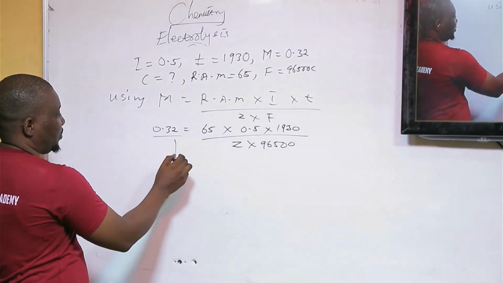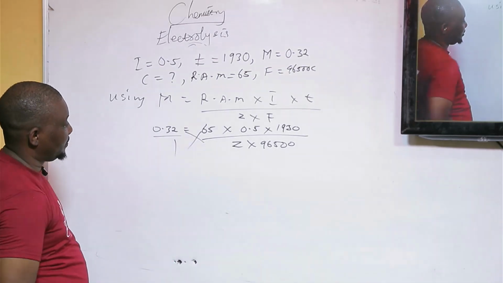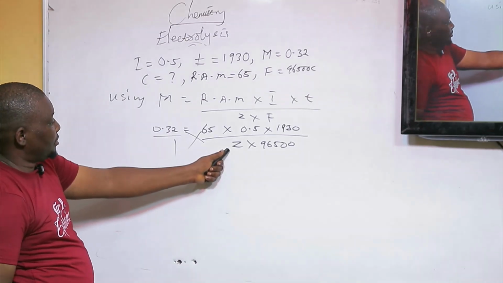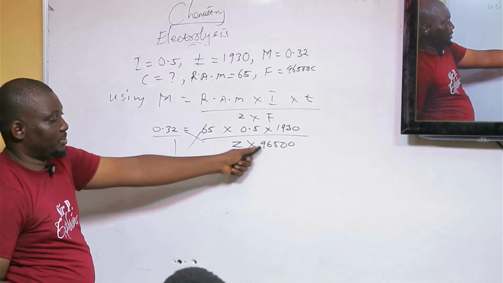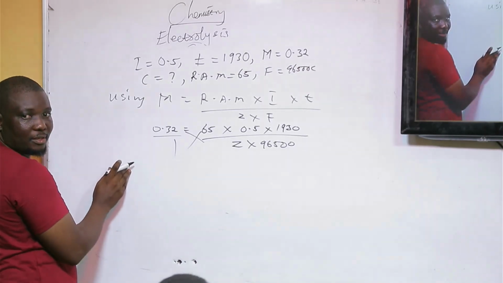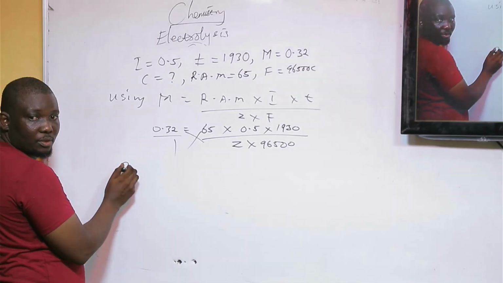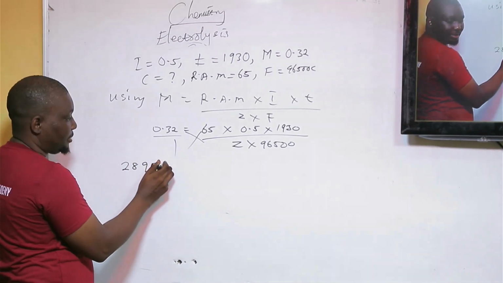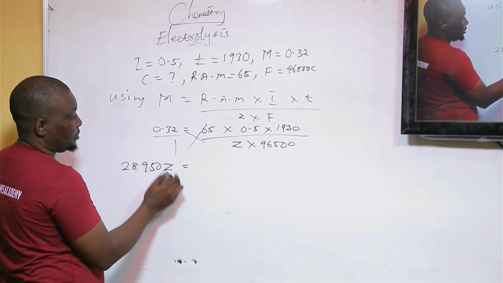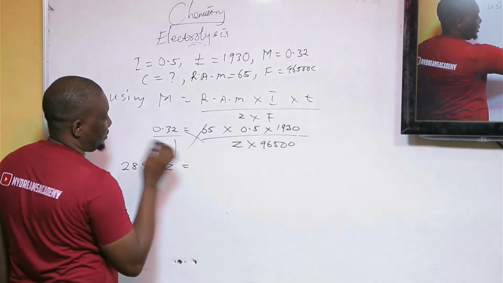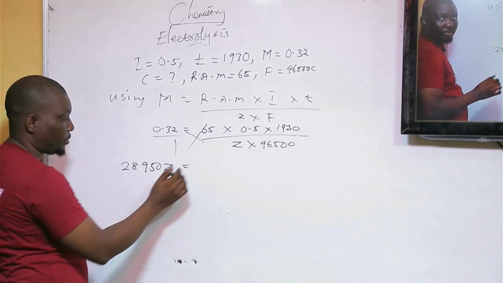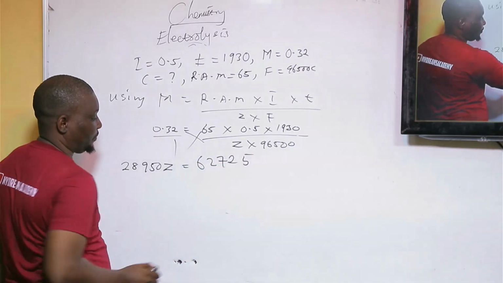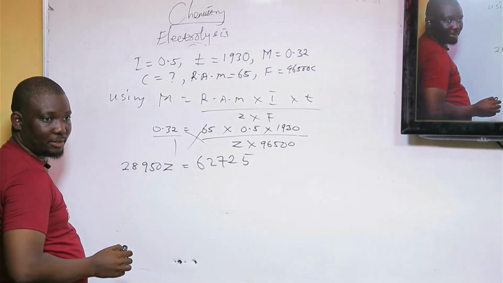So what do you do at this point? We cross multiply. This times Z is 0.32Z, times this. We get 28,950 on one side, and on the other side, this times this times this times this gives 6,272.5.